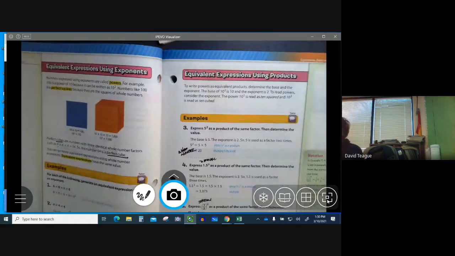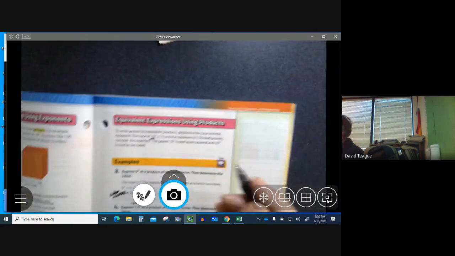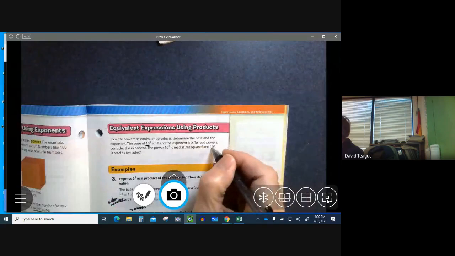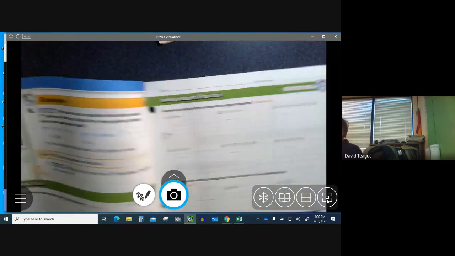If it's 10 to the 2, we'll call it squared, or 10 to the 3, we'll call it cubed.